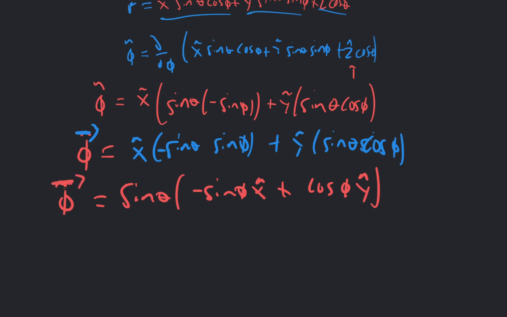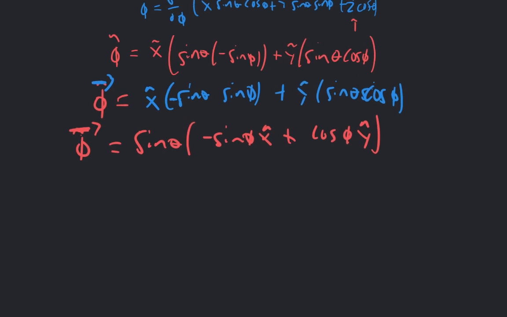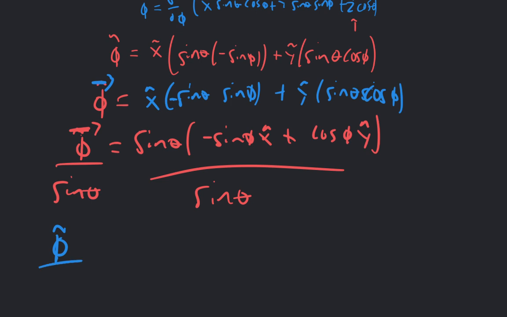And sine theta is actually the magnitude of this vector, and what we can do now is divide by sine of theta to get phi hat.